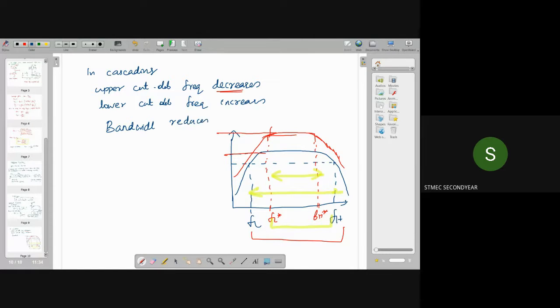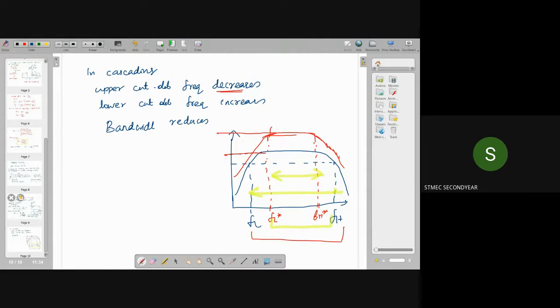So we can conclude that by using multi-stage configurations, that is, by connecting a number of amplifiers together, we can improve our gain. The total gain will be equal to the product of the gains of the individual stages, that is A1 into A2 into A3 into and so on up to AN.